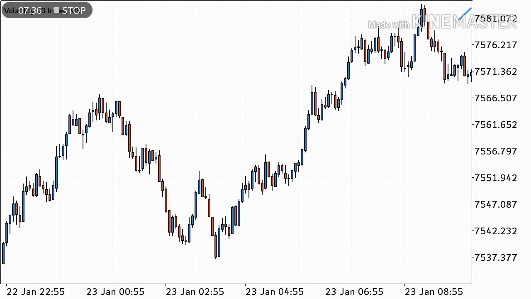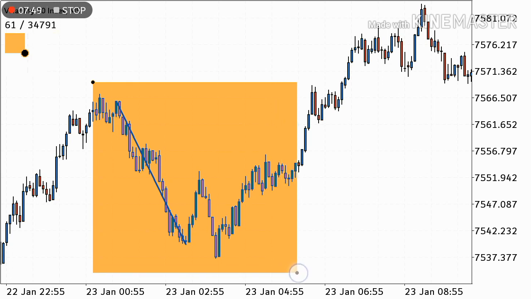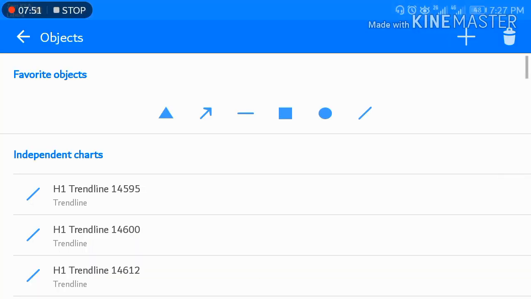Okay, one more thing. Let me draw this one also. Let me highlight the area, you will understand what I am doing. Okay, look here.